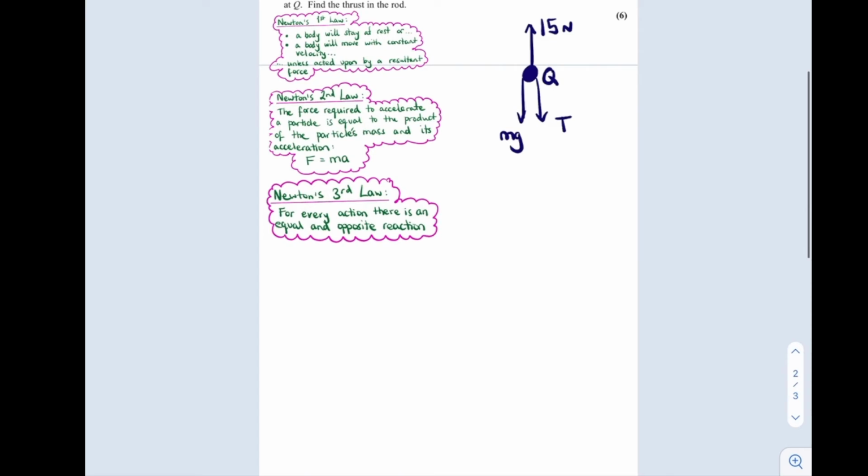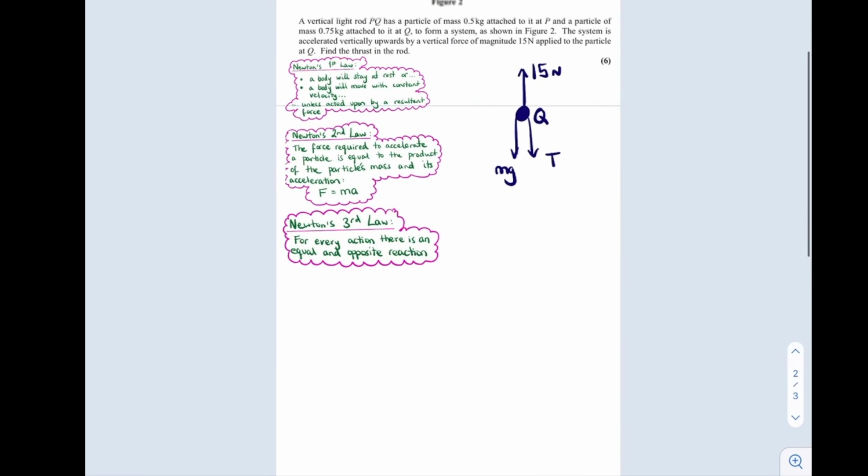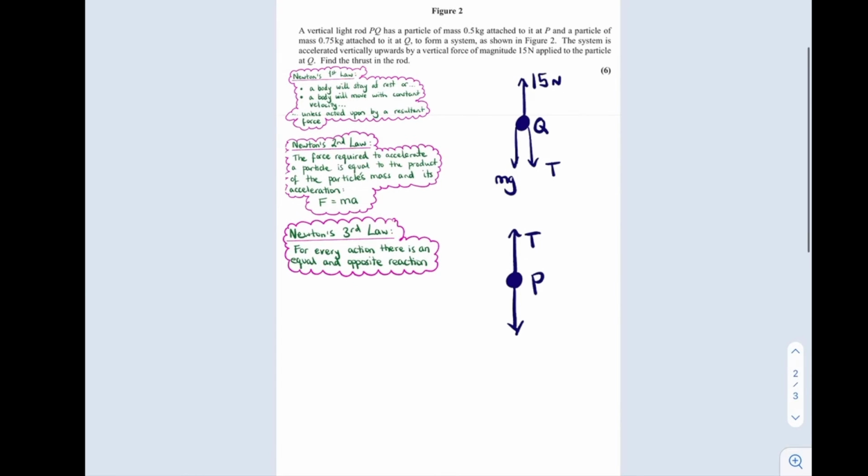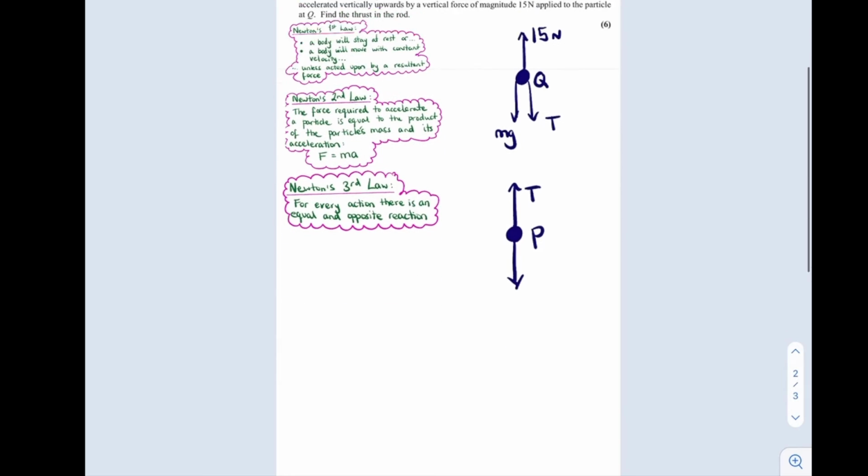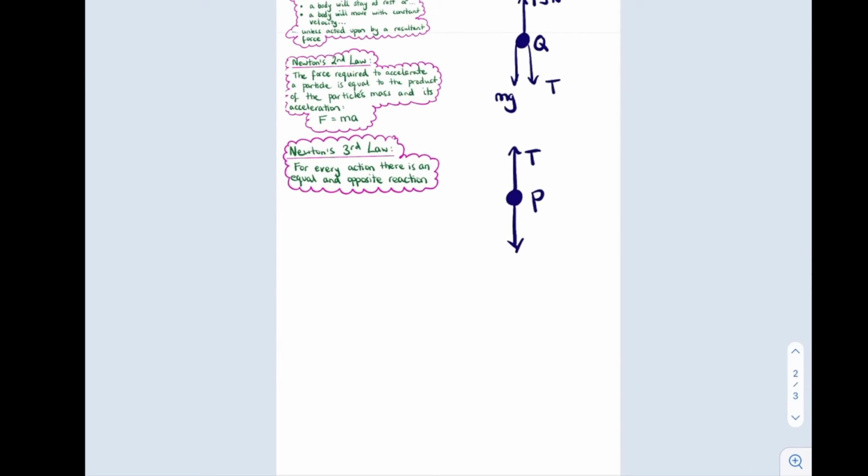And we can do a similar diagram for P. So with P, we've got the thrust acting upwards. And if we're treating them as isolated particles with their own systems, then the only two forces acting on P are the thrust upwards and its weight downwards.